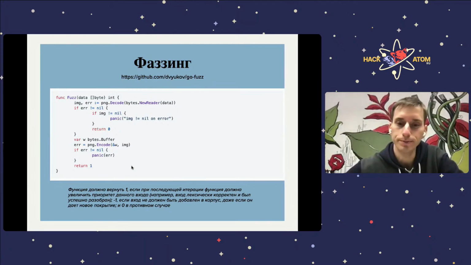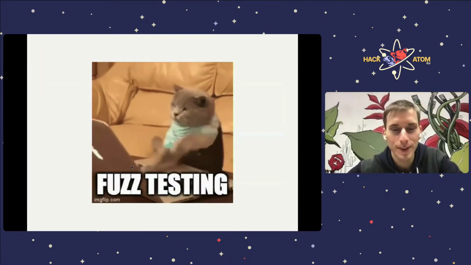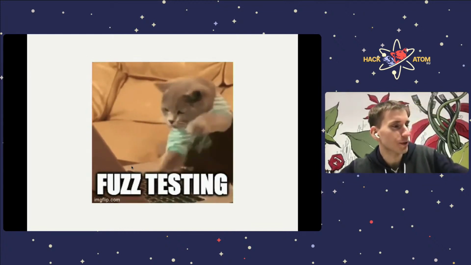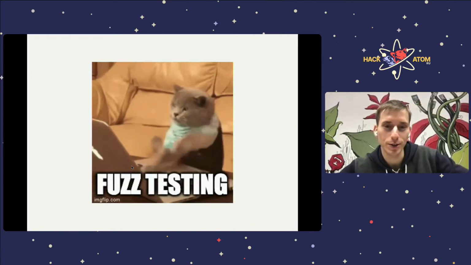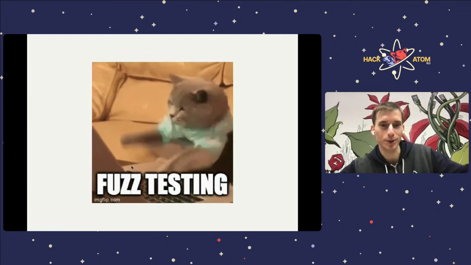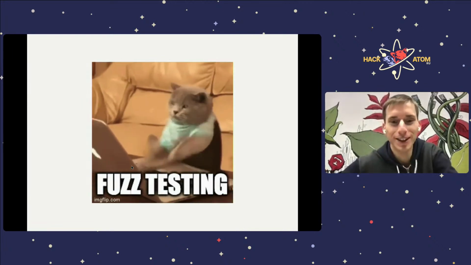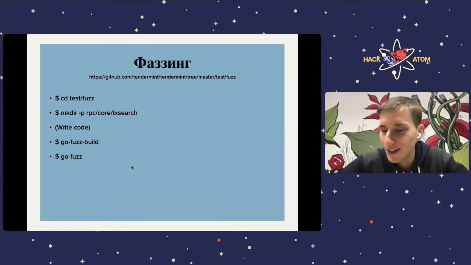The -1 can be added to completely ignore the bytes. This is the way I imagine fuzz testing. Every time I launch the fuzz testing, it's kind of a small gnome or cat sitting there, generating those bytes.